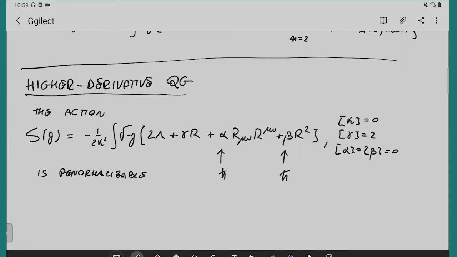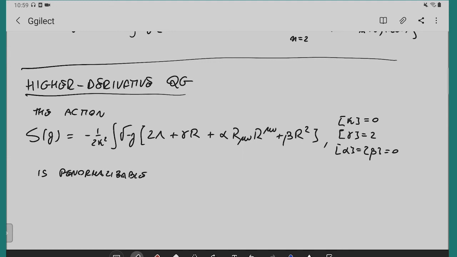If you have a theory with this classical action plus some quantum correction, which would be the one loop effective action, the local part in Einstein gravity would be like this. Then this term can be absorbed away with those perturbative redefinitions. But in this case, you are defining the classical theory like this.